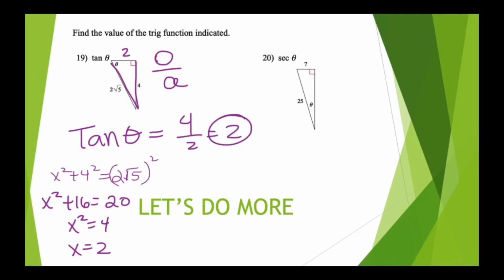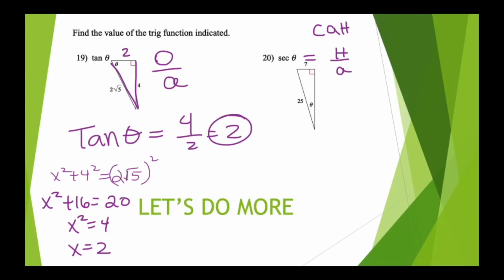Let's do the secant. Secant is the reciprocal of cosine. Cosine was our CAH, so CAH TOA. So we need to do the reciprocal of that. Cosine was adjacent over hypotenuse, but secant is hypotenuse over adjacent.